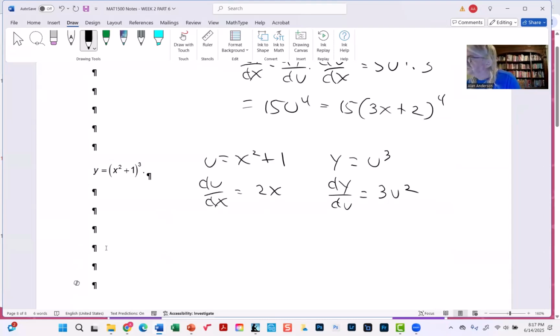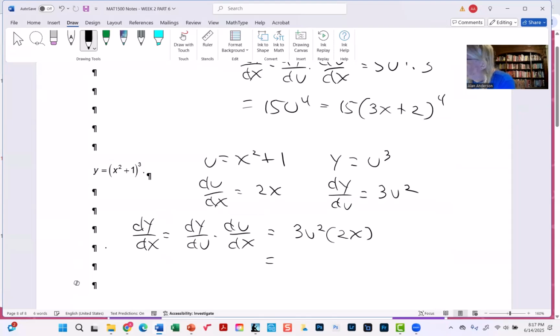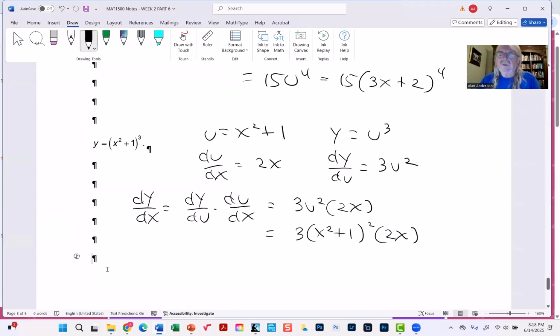So therefore, since u is defined as x squared plus 1, and then you can simplify, usually simplify whenever possible.